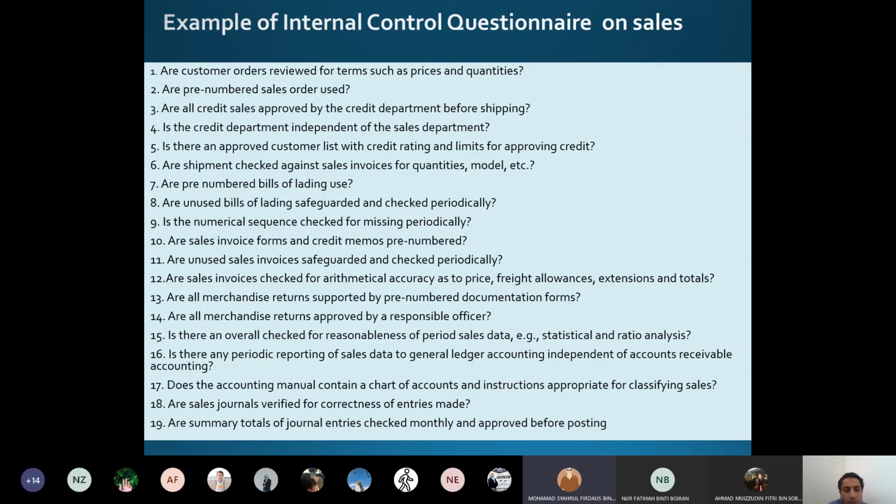Unused sales invoices safeguarded and checked periodically. Okay, so this one is also to see whether they have checked the invoices. If we use pre-numbered invoices, then we expect checking of the unused invoices.